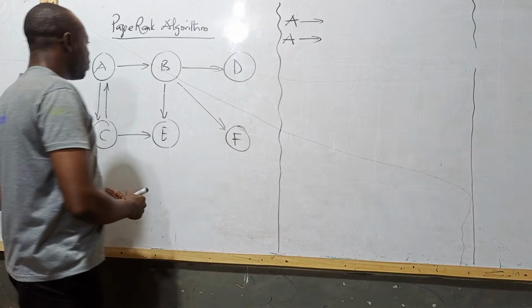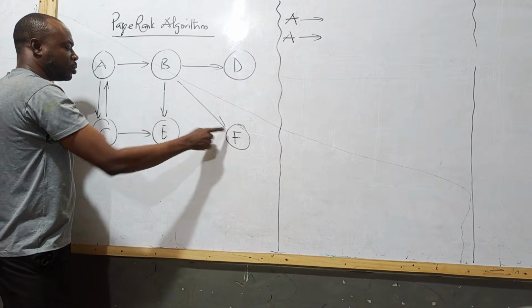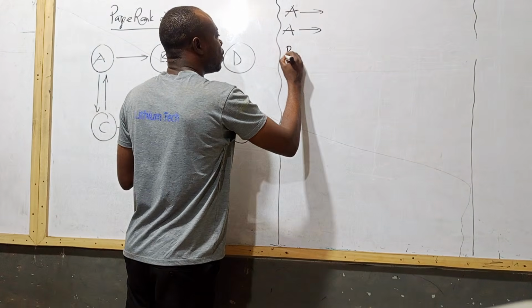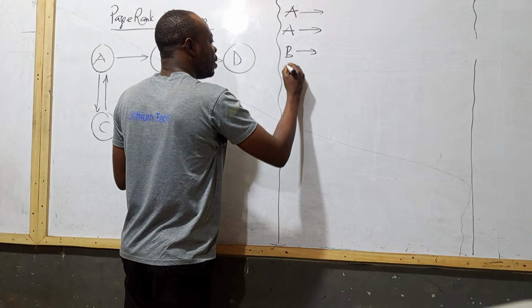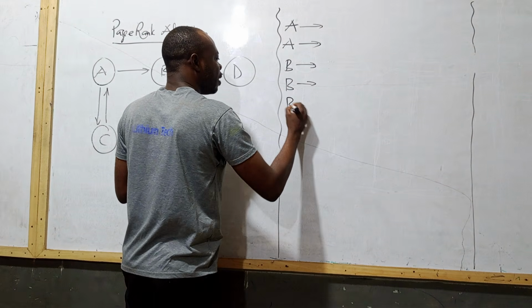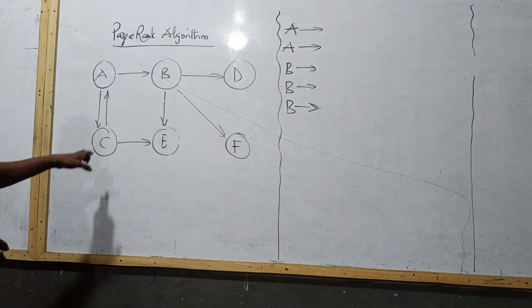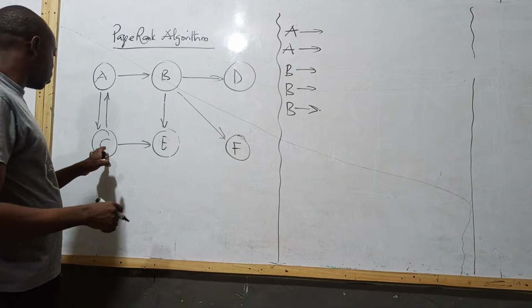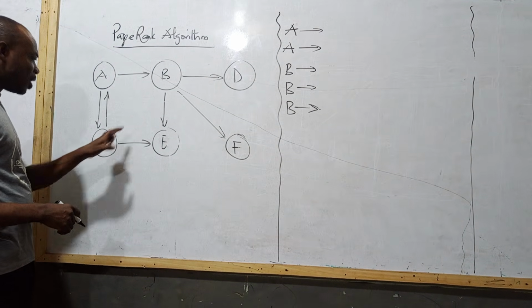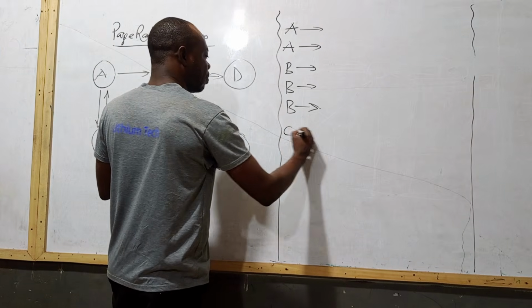Now let's look at B. B links to 1, 2, 3. So B will link to something, B will link to another one, and B will link to another node. Now let's look at C. C will also link to something here and also link to something here. So let's put all of them down.